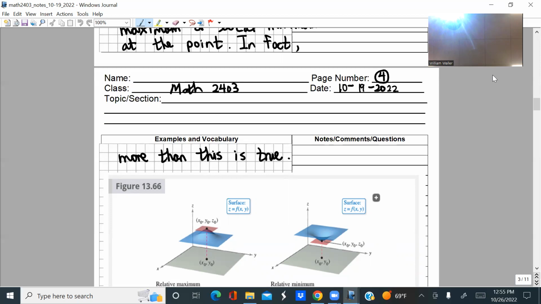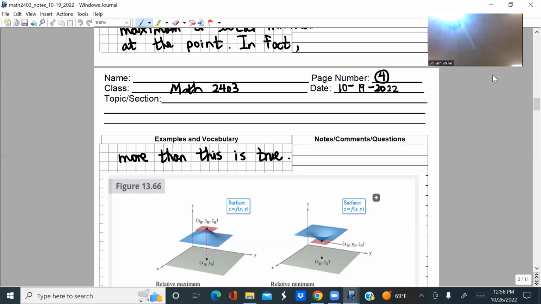As you see, if you have a minimum on a surface, that's a low point, a valley point on the surface, the tangent plane is horizontal. Or if you have a peak point on the surface, the tangent plane is going to be horizontal. So the secret to looking for peak points and valley points is to find where the tangent plane is horizontal. That's all. Okay.